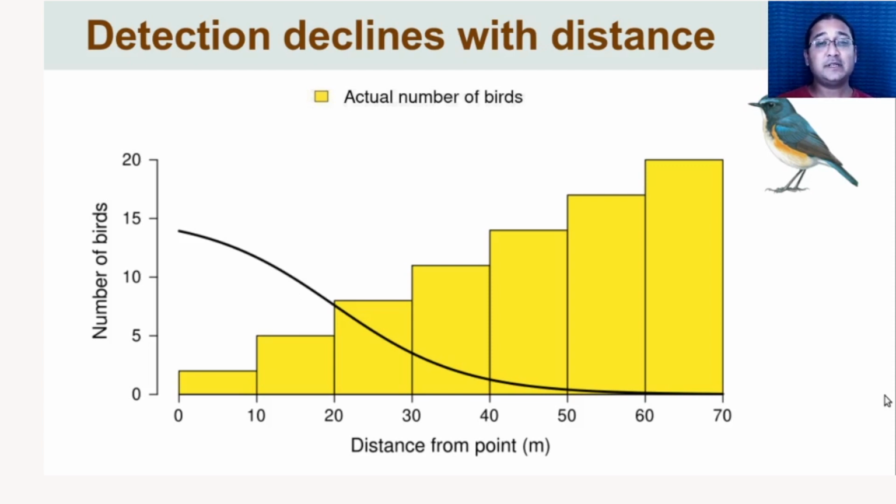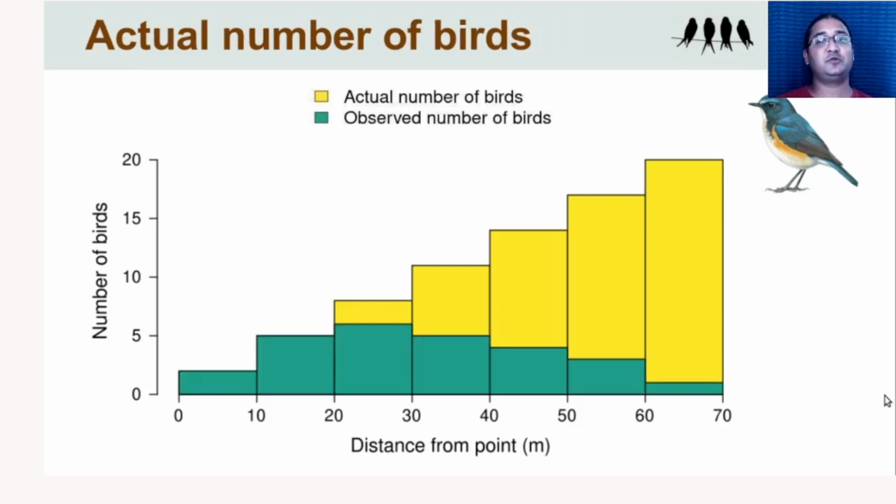So the number of birds that you actually see is a product of the actual number of birds in the habitat and the detection probability of birds in the habitat. So the actual number of birds you see looks something like this. There are very few birds close to the point, but detection probability is high, so you see all the birds close to the point.